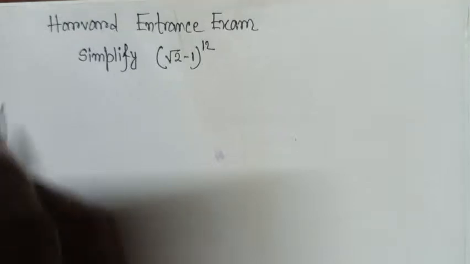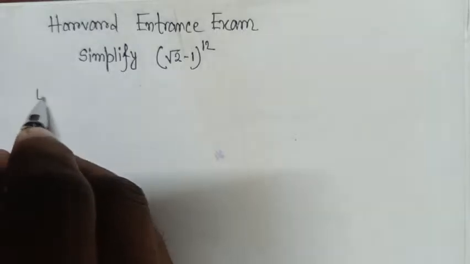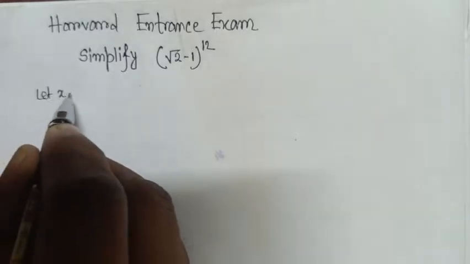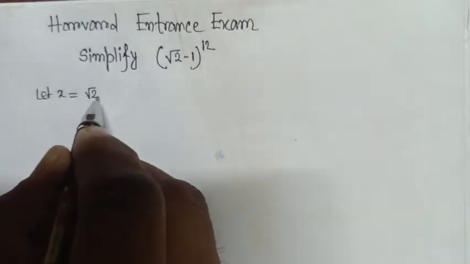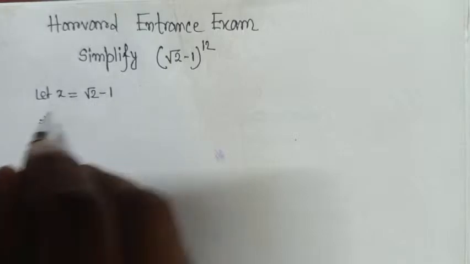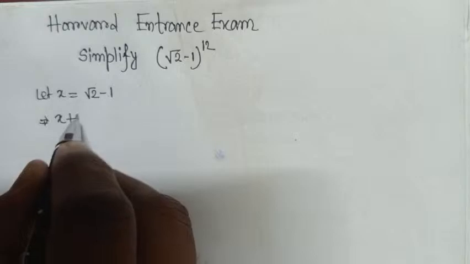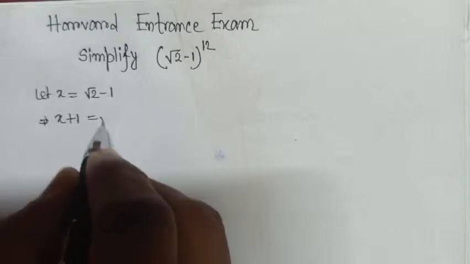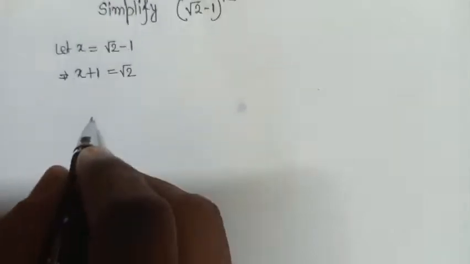So let's start. For this, let x be equal to root 2 minus 1. We move this 1 to the left-hand side, then we get x plus 1 is equal to root 2.